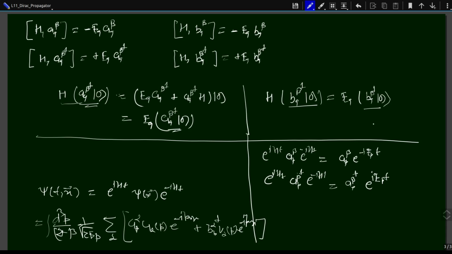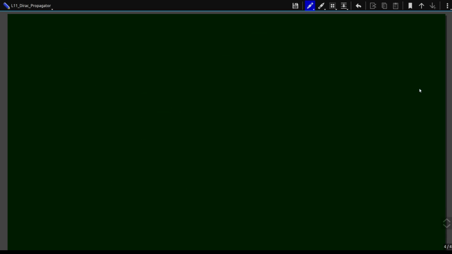Next we move on to use this Heisenberg picture field to find the propagator. What is the amplitude of propagation from point y to point x? I want to compute the transition probability, actually the probability amplitude, of a particle starting from point y and going to point x.